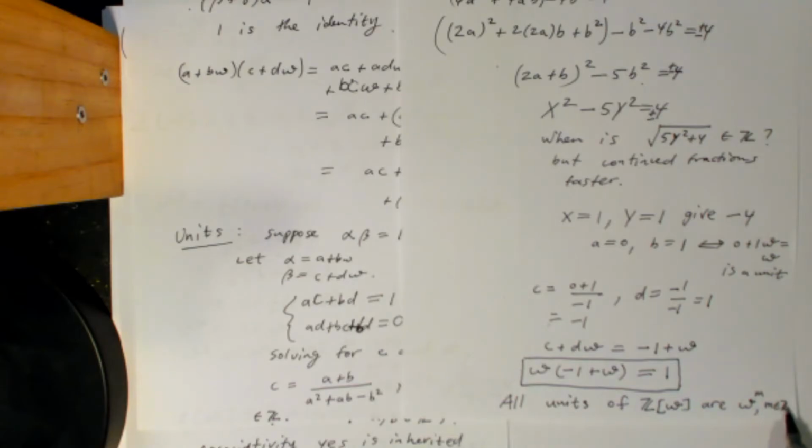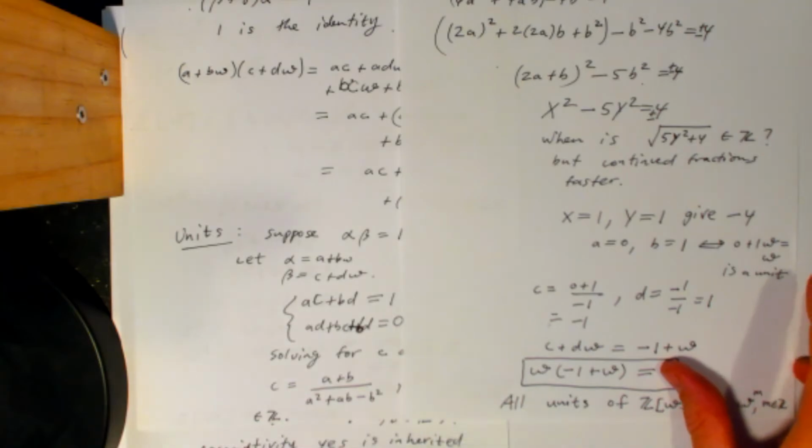I haven't specified that it's positive or non-zero there. Great. So that completes our discussion of the integers adjoin that particular omega.